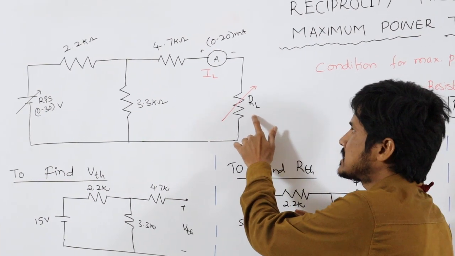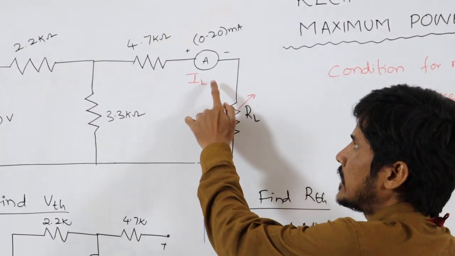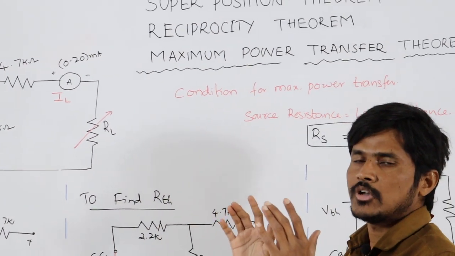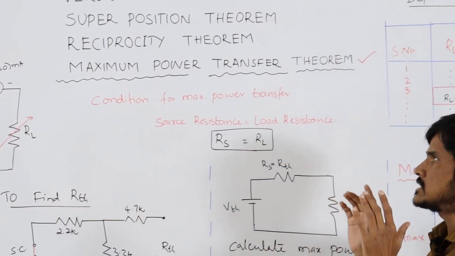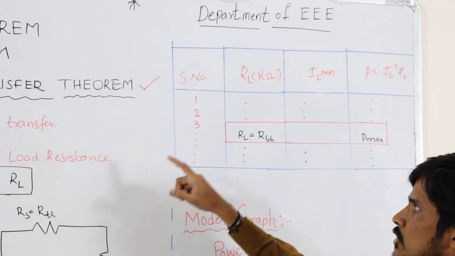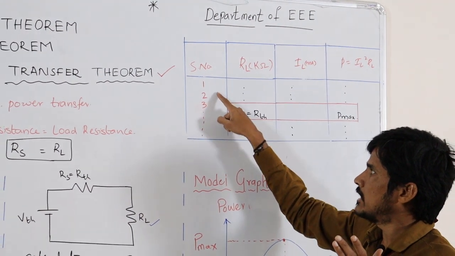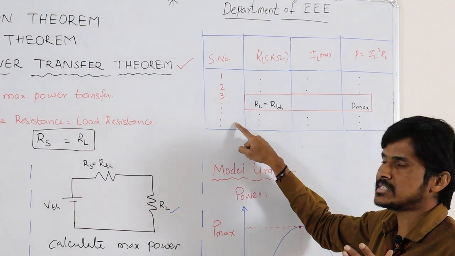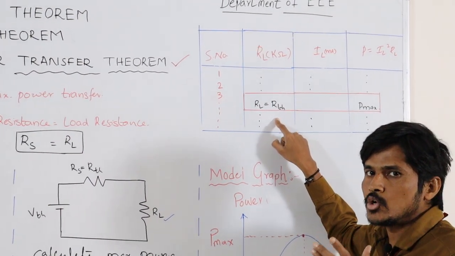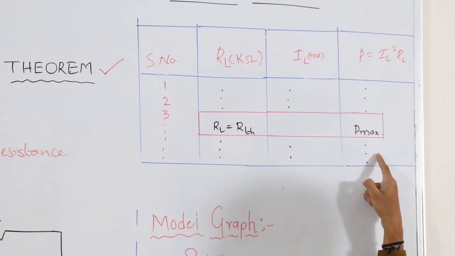Because this load resistance is a variable resistance, for different values of resistance you get different values of current. All the values you note in this tabular column. By doing the experiment, you take about 10 points, and at some point, when RL is equal to RTH, you get the maximum power.